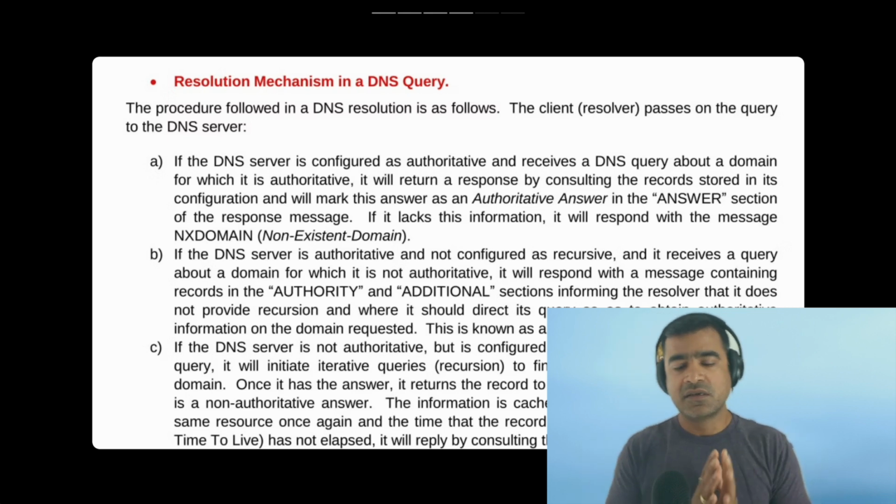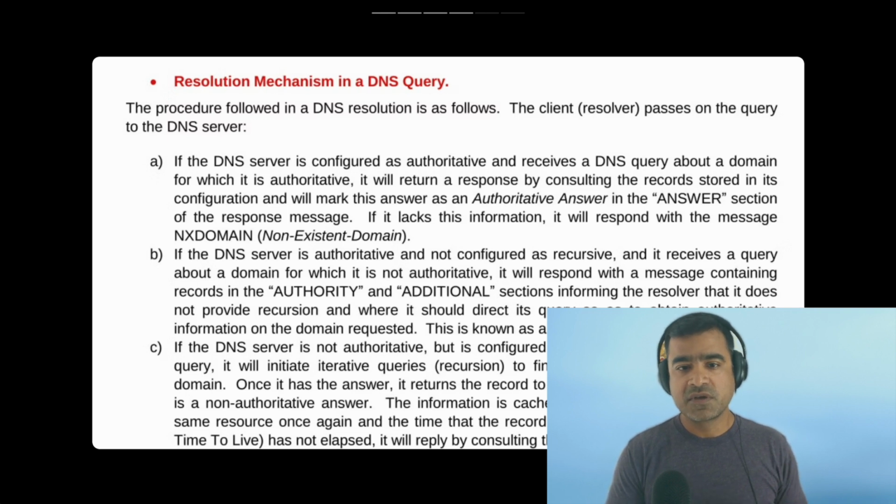You need to understand the roles: authoritative, recursive, and who plays what kind of role, right? TLDs always give you a referral response. Authoritative servers have authority over the domain because it's owned by that entity or business.